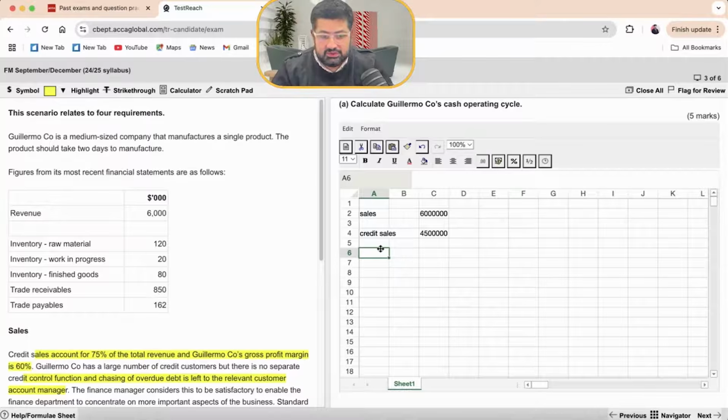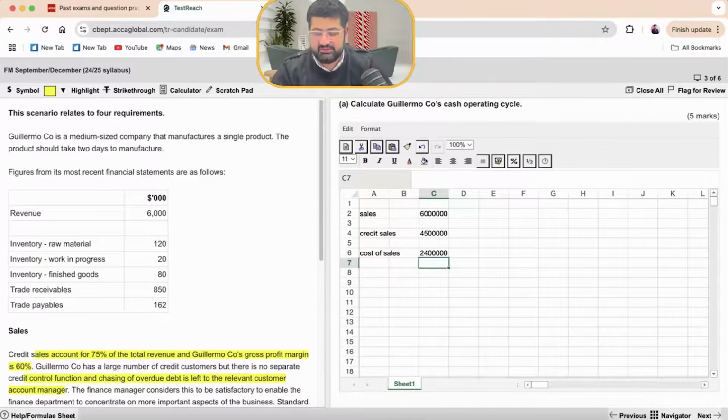So you see here, cost of sales, how much is it? That is sales into 0.4. Margin is 60%, so the remaining is cost of sales.